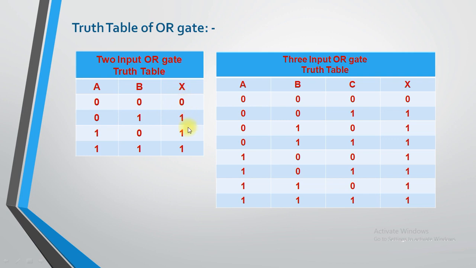In the rest of the cases, the value of x is 1. Similarly over here, in the 3 input OR gate, the first row contains all the combinations as 0. The value of A is 0, the value of B is 0, and the value of C is 0. So the value of x, my output variable, is 0. But in the rest of the cases, the value is 1 or high.